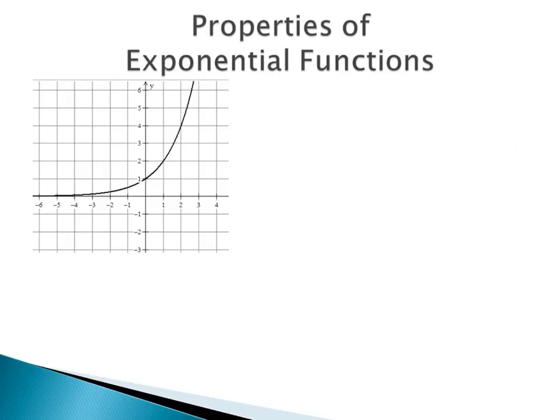Finally, I just wanted to mention some properties of exponential functions. So this will be true for all of our exponential functions. The function that you see in this graph here is f of x equals 2 to the x, but all of these properties will be true for f of x equals e to the x, or more generally, f of x equals b to the x.